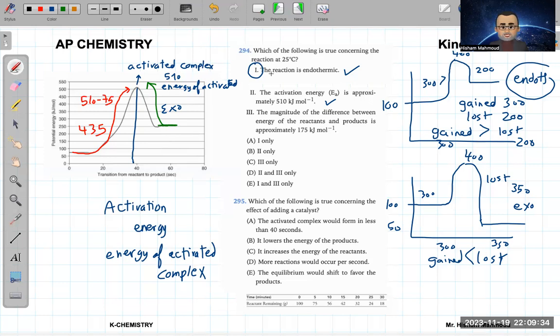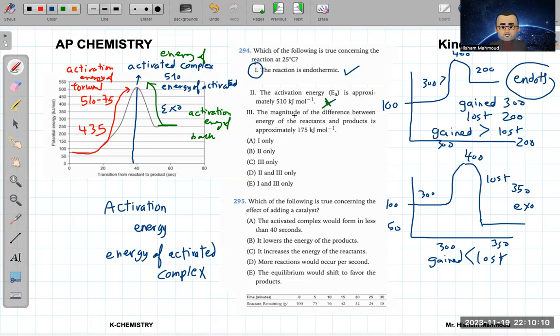This is called the activation energy of the forward reaction. منين لمنين؟ From the reactant to the activated complex. ممتاز. What is the activation energy of the backward? From the products to the activated complex. ممتاز. What is 510? The energy of the activated complex, اللي هي from 0 until the activated complex. This is 510. This is wrong.